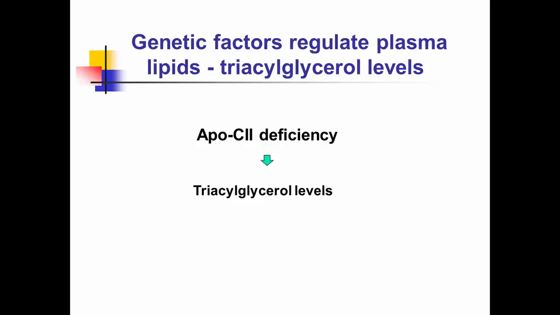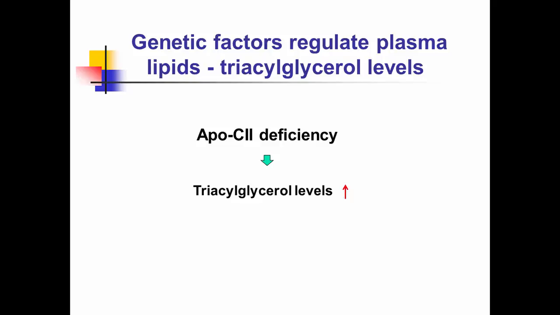So how does ApoC2 deficiency affect the triglyceride levels? Increase, yes. Lipoprotein lipase is not able to hydrolyze triglyceride in chylomicron and VLDL, so the triglyceride cannot be broken down to fatty acids. The triglyceride will remain in the circulation, so triglyceride levels will be increased.